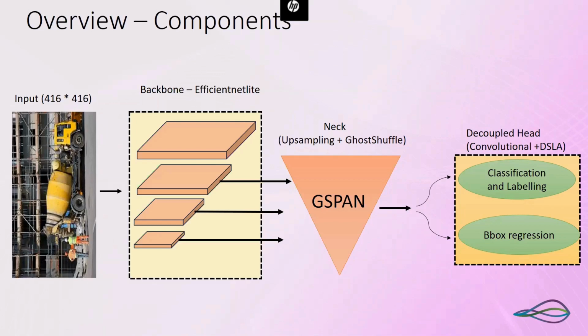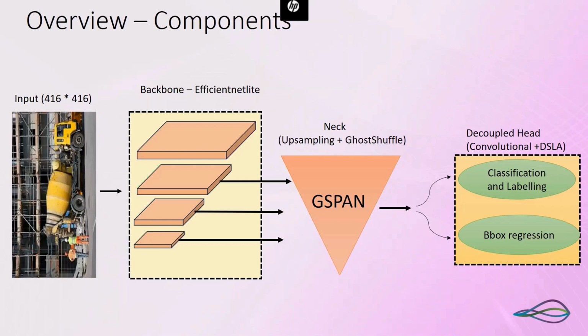The function of the neck is feature aggregation. It will take a feature map with smaller spatial resolution and superpose it with a higher spatial resolution using upsampling. The module that does some mathematical function in between is the ghost shuffle operation. Lastly, we generate 4 feature maps, and these are moved to a detection head.